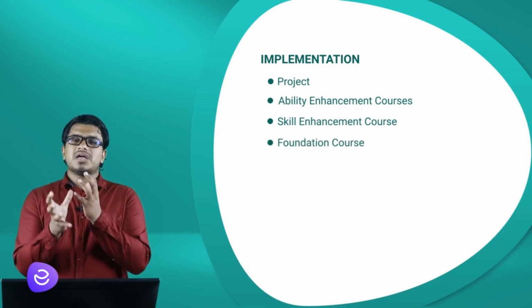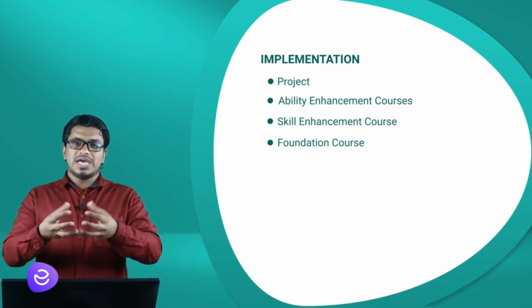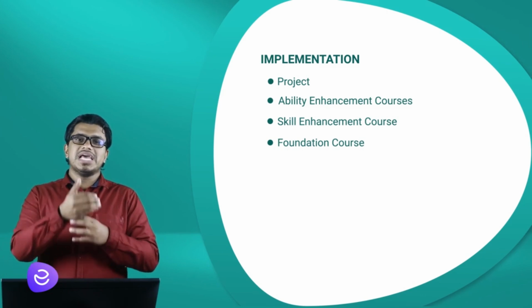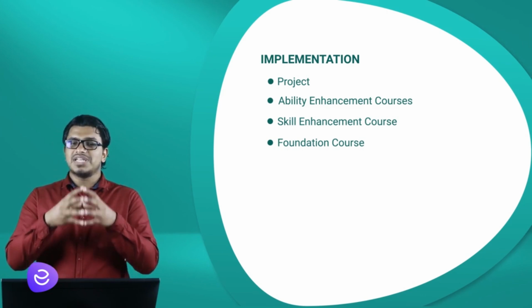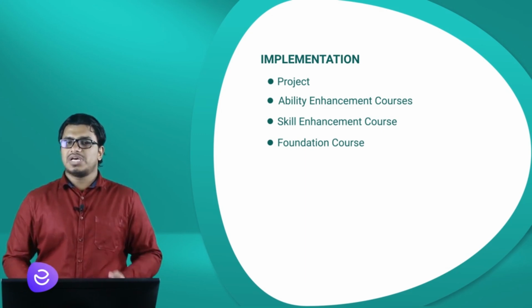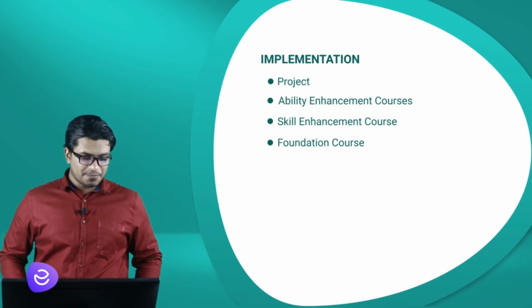So there are a lot of courses and skills that a student can acquire during his graduation or post graduation, which makes it flexible and more student centric. So as I said before, this makes more sense than the education system that we have now.